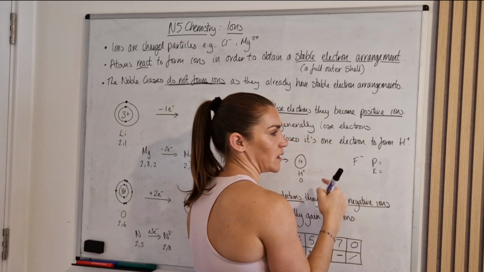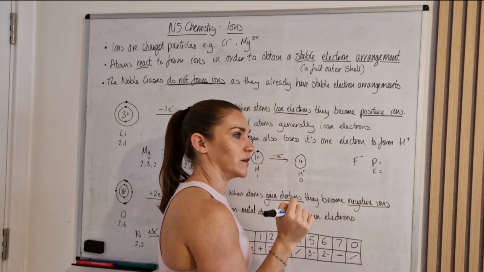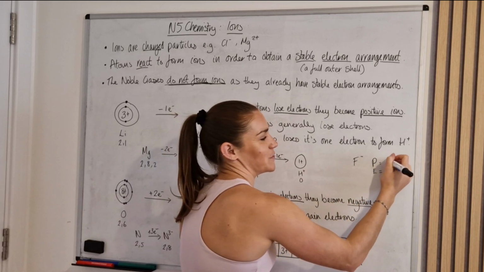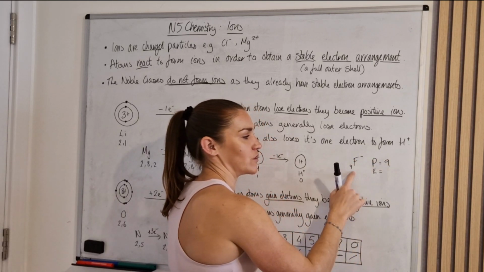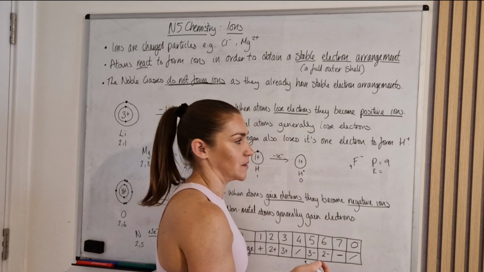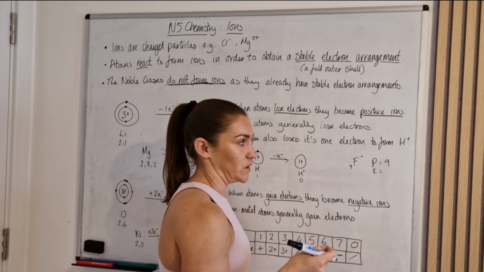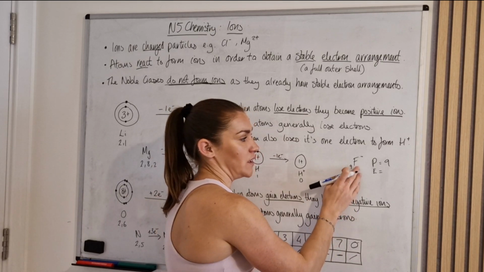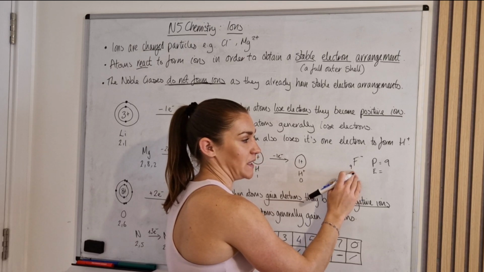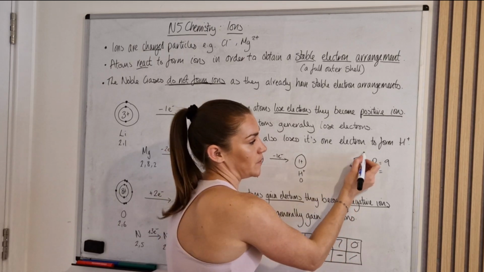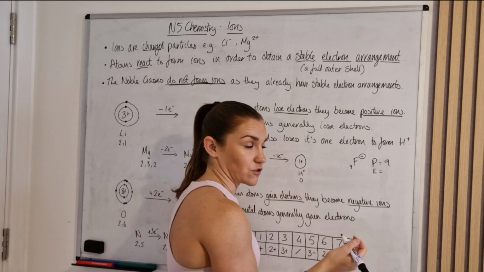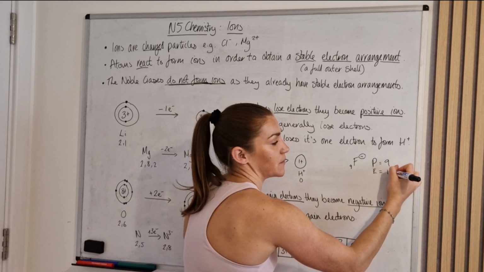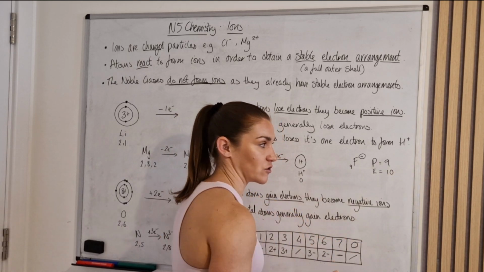So fluorine is atomic number 9, which means it's going to have 9 protons. The number of protons is always the same as the atomic number, so you just look up the atomic number in the data booklet. The number of electrons should be 9 if it's a neutral atom, but it's got this 1 negative charge here, which means it's got 1 extra electron, so it would end up being 10 electrons.